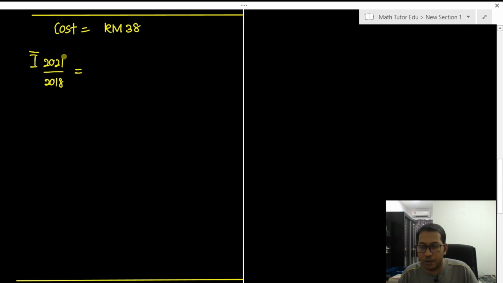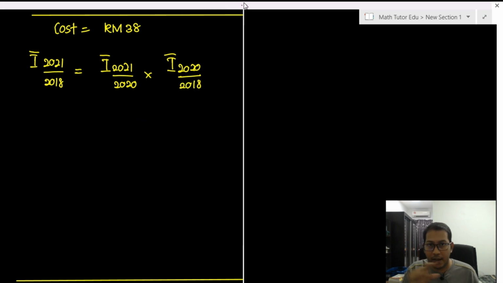Composite index of the year 2021 based on the year 2018 equals the composite index of the year 2021 based on the year 2020 times the composite index of the year 2020 based on the year 2018, and then you divide with 100. Technically the 2020 and 2020 will get cancelled off, so you're only left with 2021 based on the year 2018. That's how the formula works.